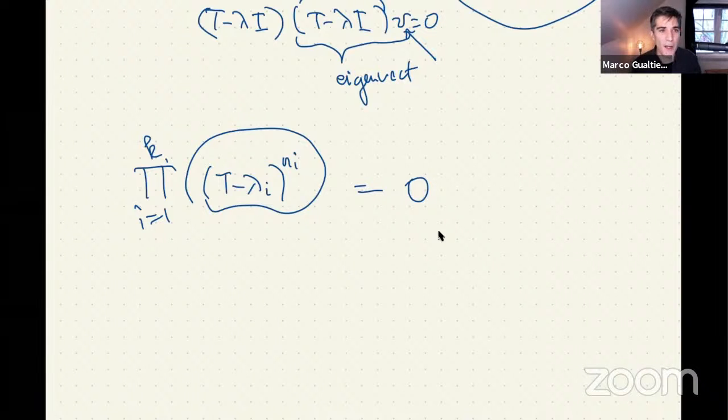It's a new phenomenon that I tried to motivate with the finite sets and the cycles. It's the same phenomenon. But anyway, you need to think about these different steps. Go through it in your mind: I have an operator, I have a polynomial that kills the operator, I factor the polynomial, and then I look at the null space of these factors, and those null spaces are generalized eigenspaces.